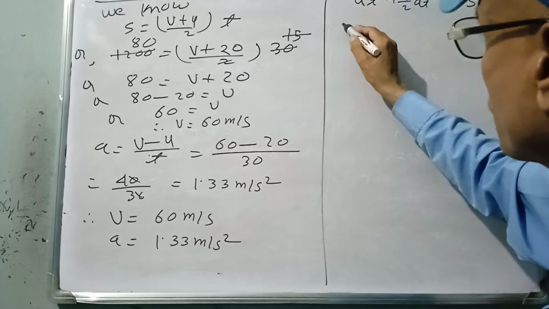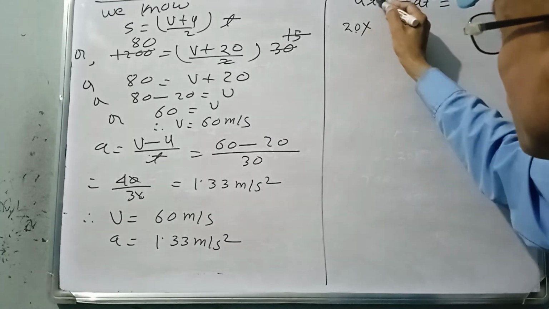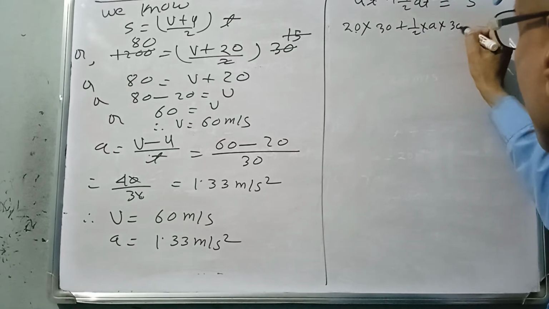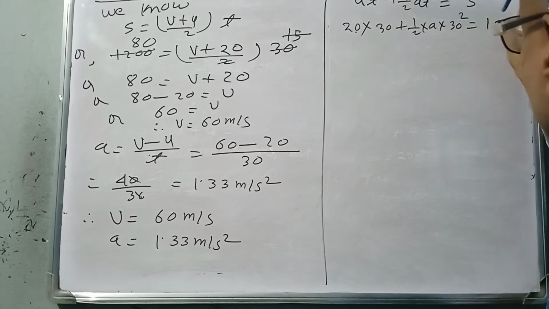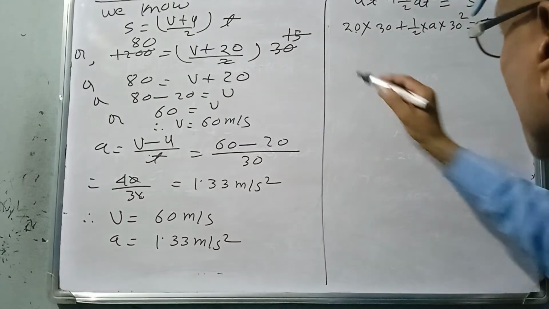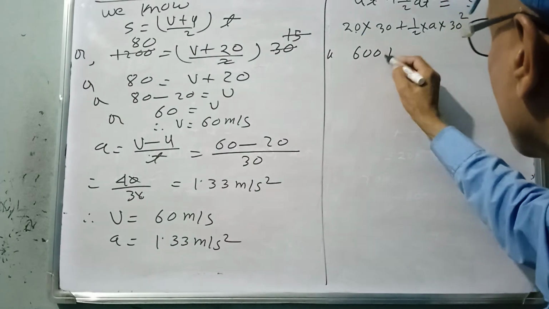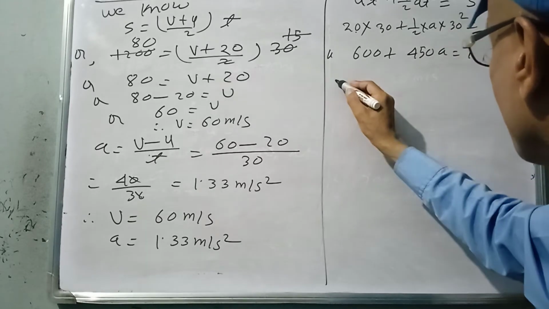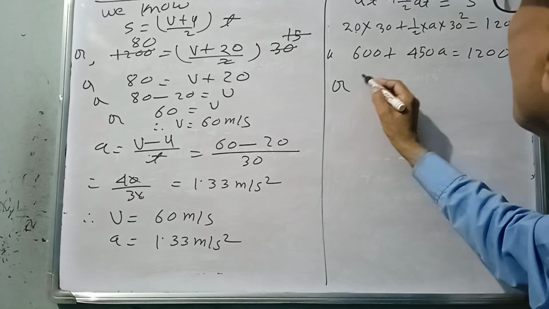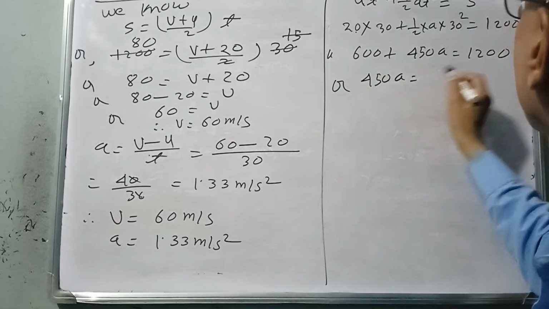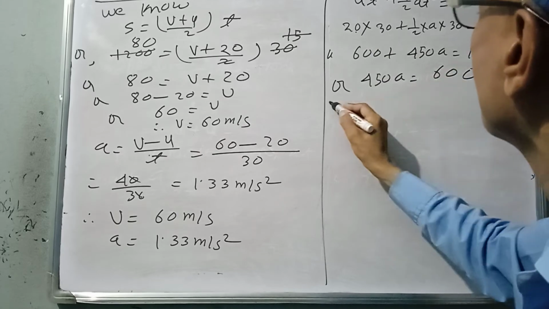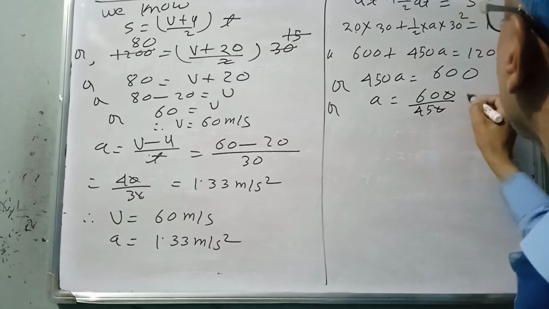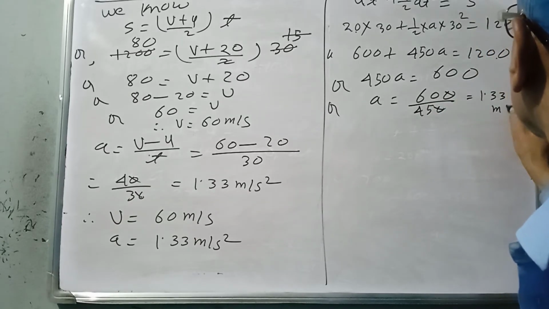U is initial velocity, time taken is 30, half a t square is 30, distance travel 1200, 600 plus 450 a, or 450 a equal this minus this is 600, or a equal 600 by 450, it becomes 1.3 meter per second.